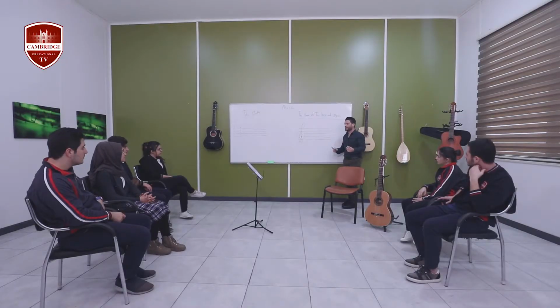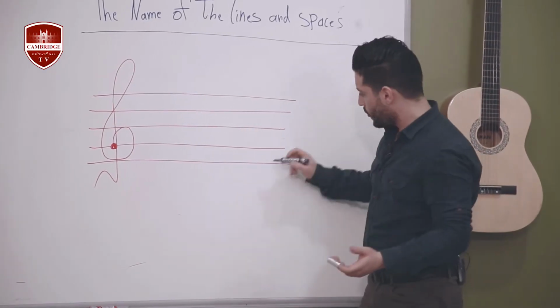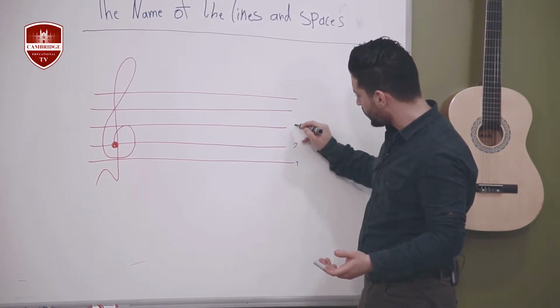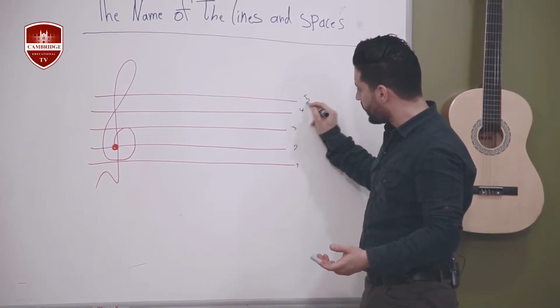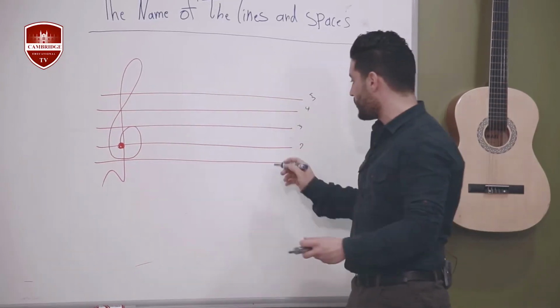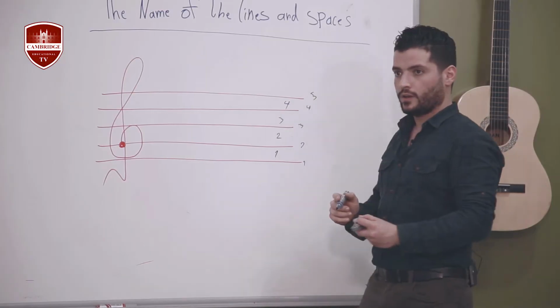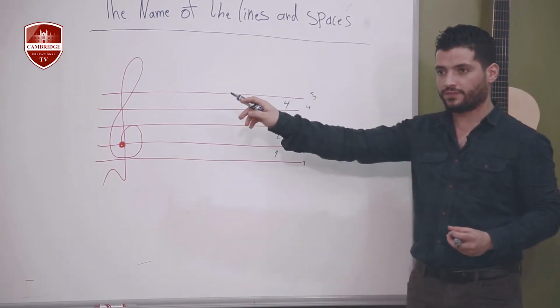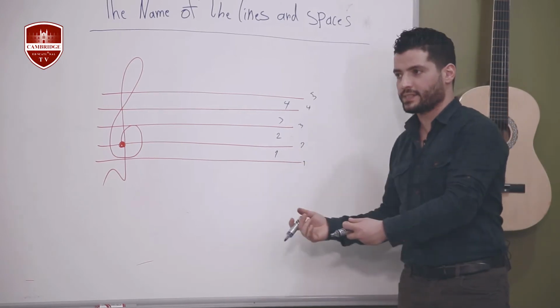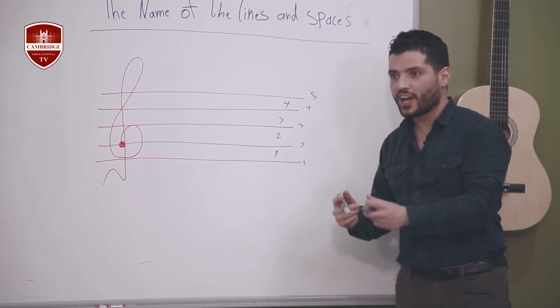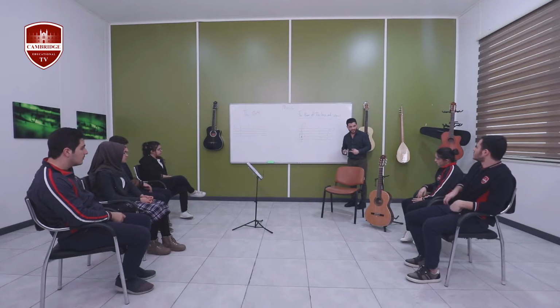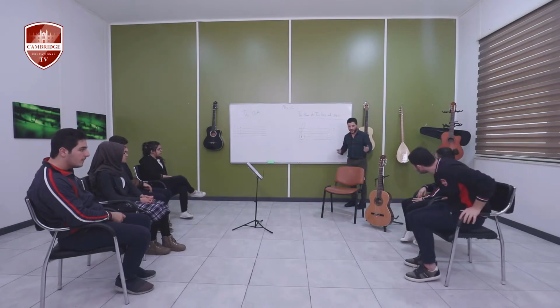In the beginning, they didn't have names. The lines were 1, 2, 3, 4, 5, and the spaces were 1, 2, 3, 4. But when we put the treble clef, we call them by names. Each line and each space will have a name.